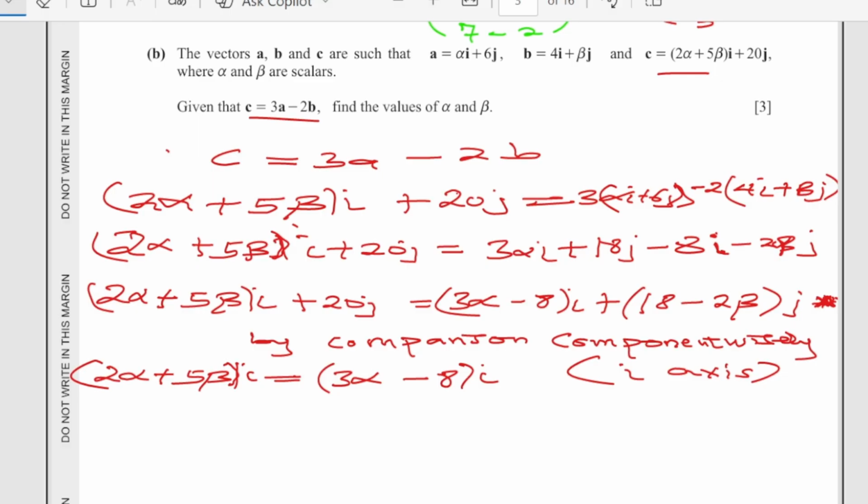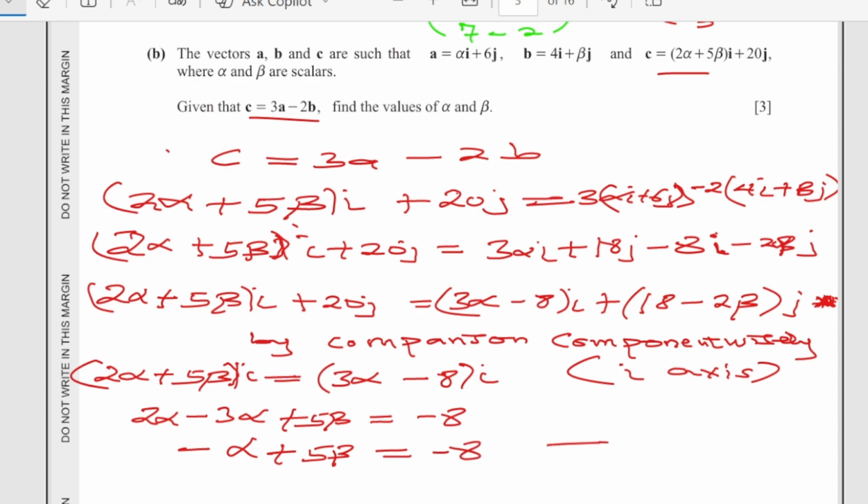Then by comparison, since i is equal to i here, I can write that 2 alpha minus 3 alpha here by collecting like terms, plus 5 beta here will be equal to minus 8. So if I rewrite it properly, this will give me minus alpha plus 5 beta will be equal to minus 8. This is equation 1.